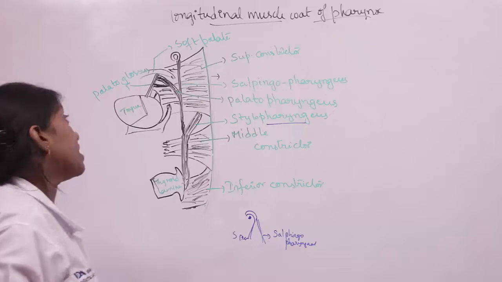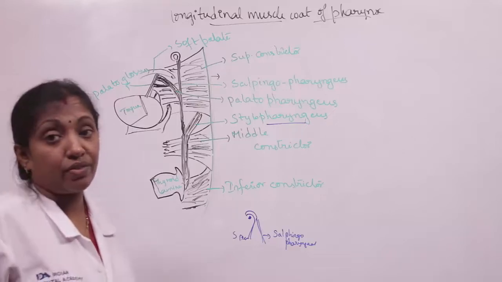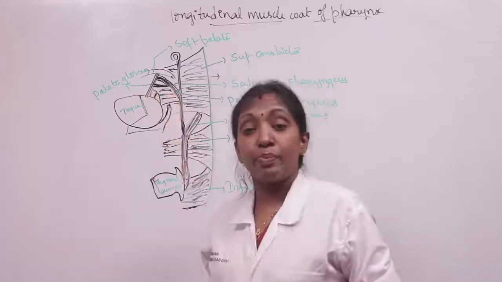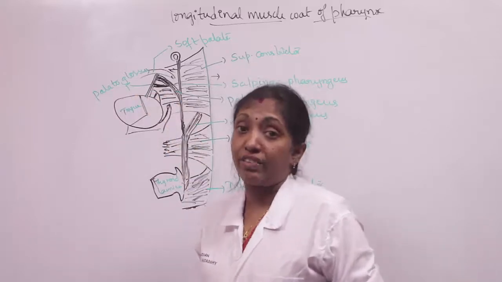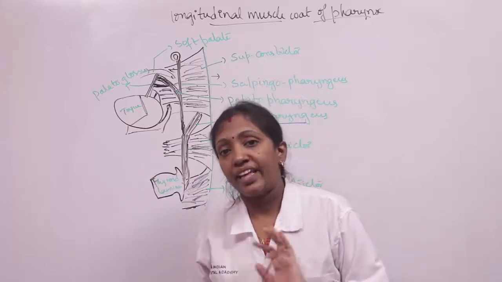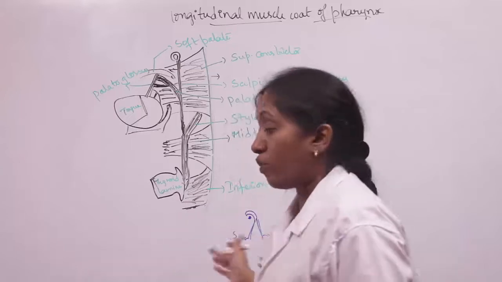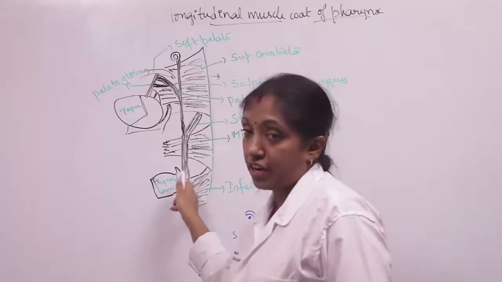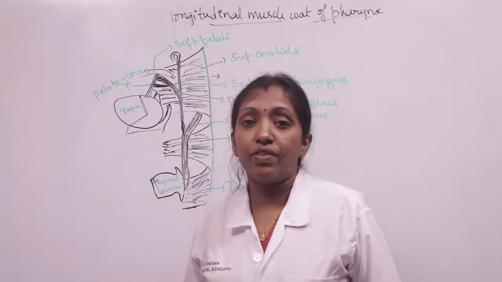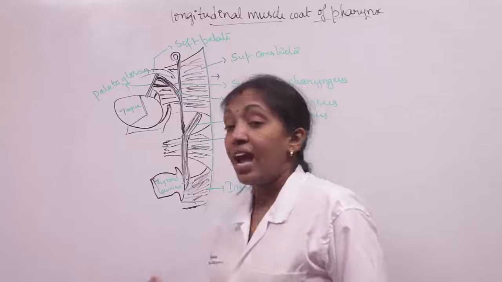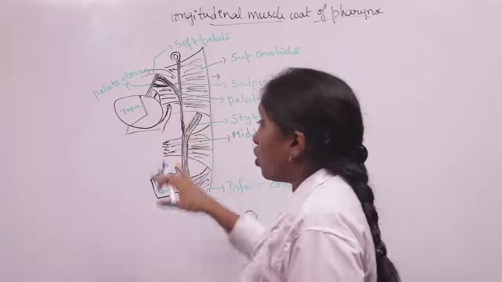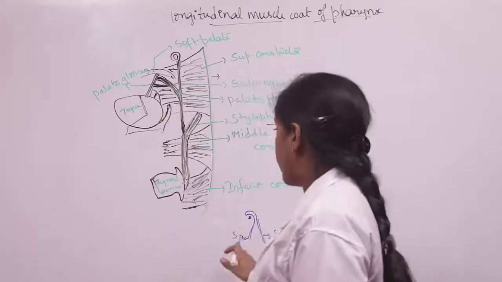The third is palatopharyngeus muscle, which arises from the palatine aponeurosis by two fasciculae enclosing the tendon of levator veli palatini. All three muscles form the conjoint tendon and are inserted to the posterior border of the lamina of the thyroid cartilage. Some fibers of the palatopharyngeus muscle sweep backwards without inserting into the posterior border and form the palatopharyngeal sphincter. So this is about the longitudinal muscle coat of the pharynx.